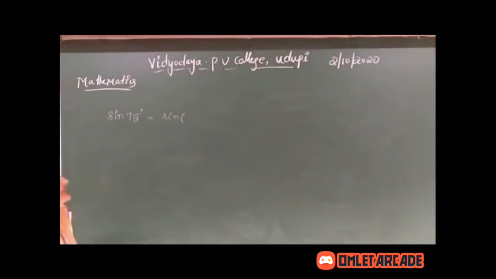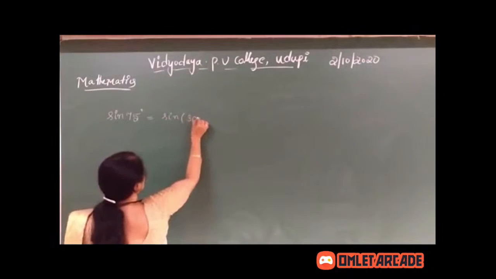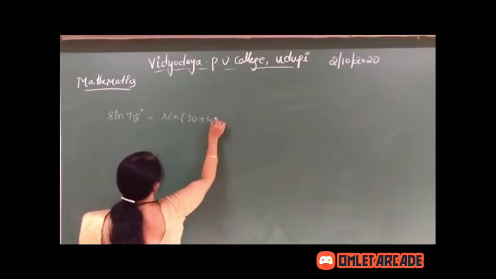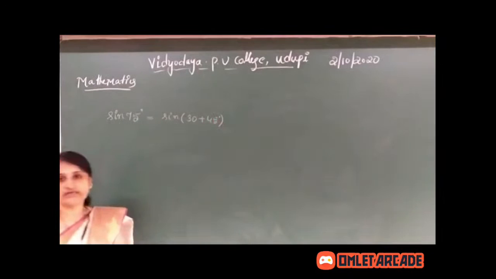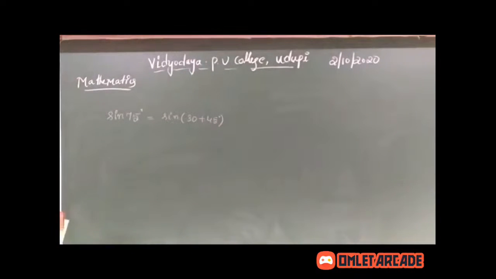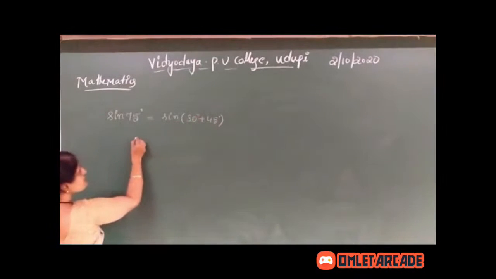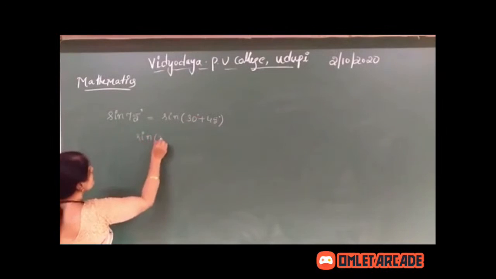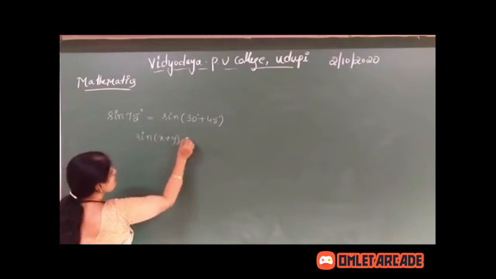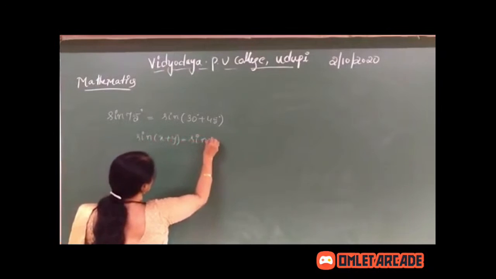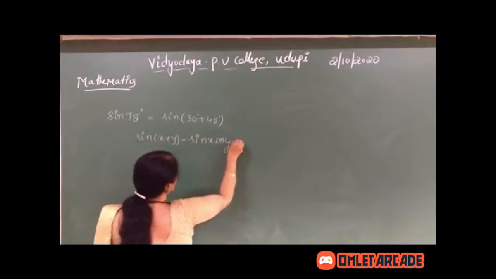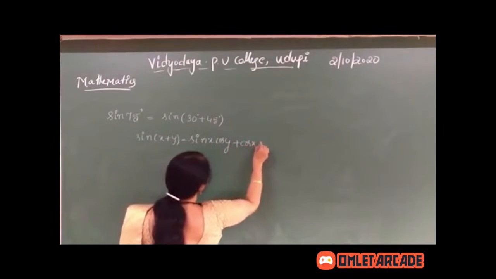Sin 75 we need, so I can write it as sin(30 plus 45), isn't it? Sin 30 degree plus 45 degree is in the form of sin(x plus y). What is the formula? Sin x cos y plus cos x sin y.